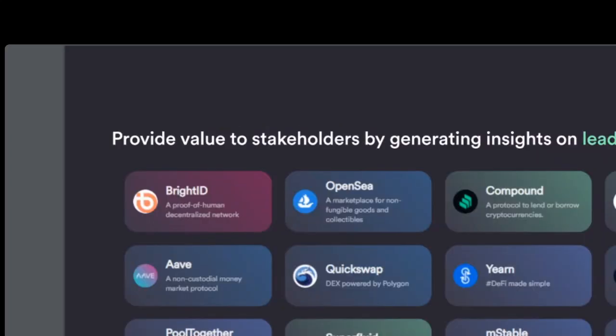One of the coolest parts is you're providing value to the stakeholders by generating insights on a wide variety of protocols. You don't necessarily have to work on only DeFi, only NFTs. You actually get a lot of exposure to different teams, different KPIs, and so you learn a ton along the way.